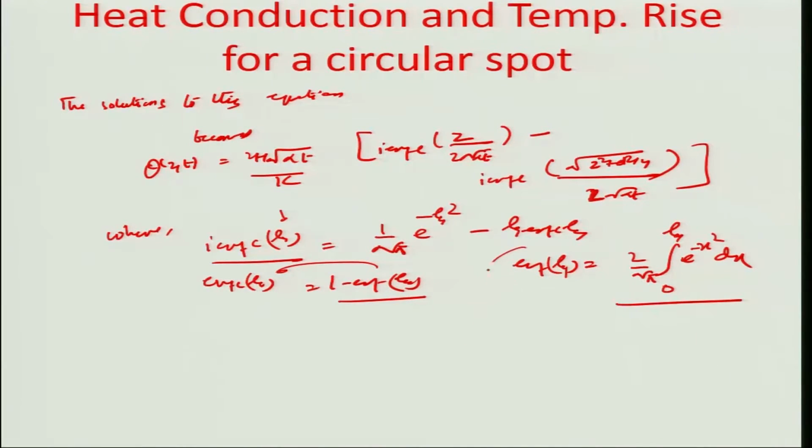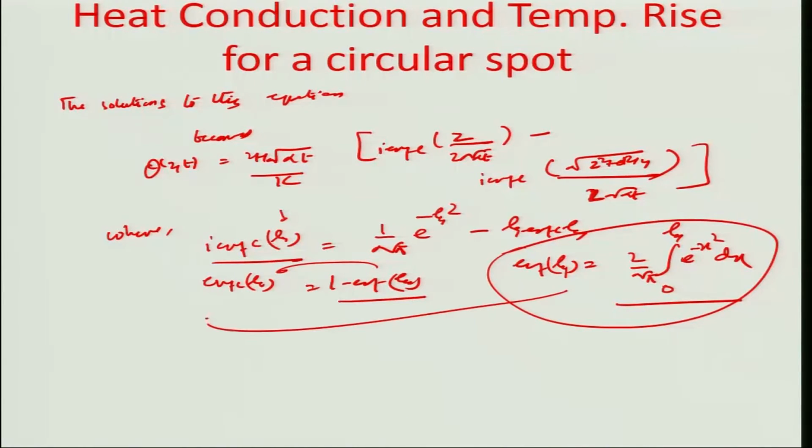So we are trying to find a certain representation here, IERFC of zeta, through which we can represent this. So this is really how the temperature distribution happens on the surface of a workpiece if there is a circular spot, because of the lasing on the surface.